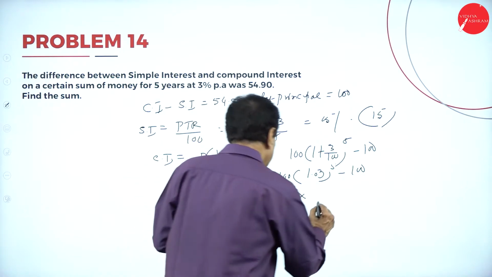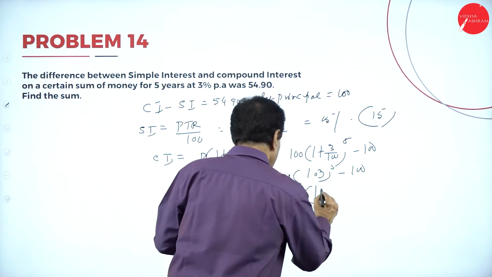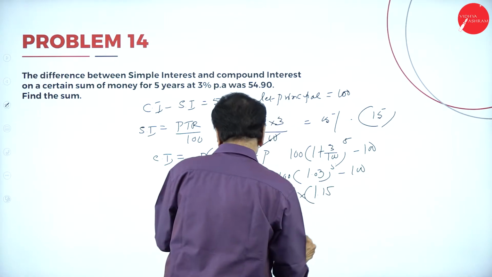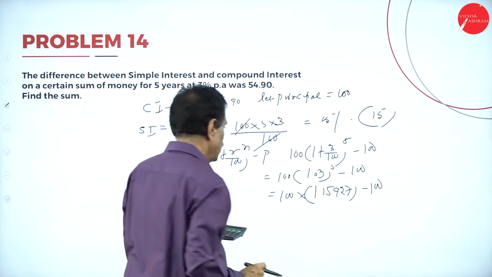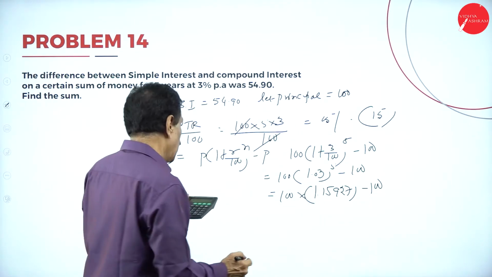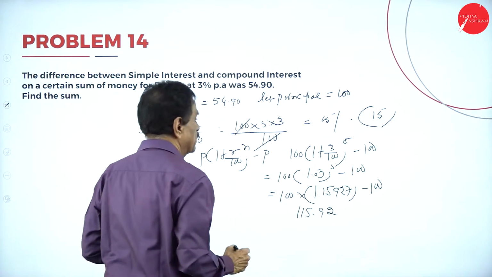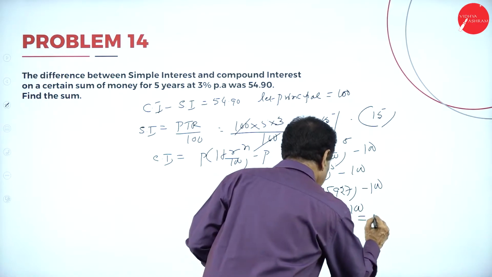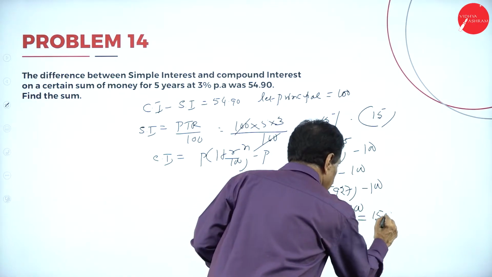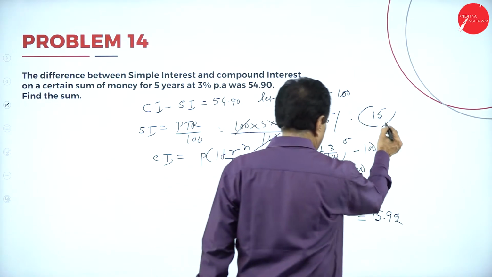So it is 1.15927 minus 1, multiplied by 100. That is 115.92 minus 100, which is 15.92. So compound interest is 15.92 and simple interest is 15.